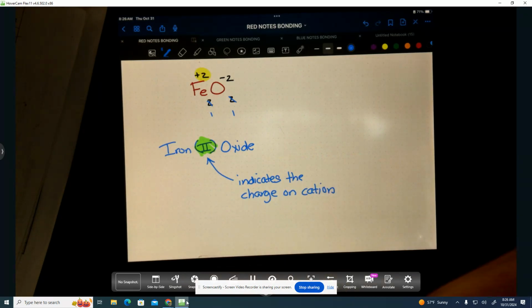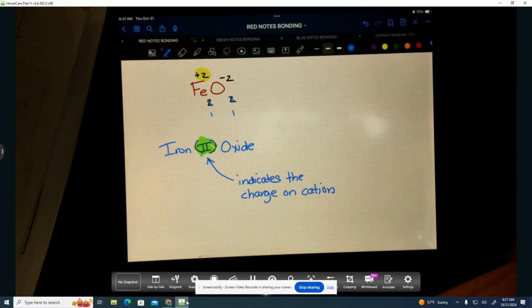Now, everything I've given you up until this point, I was very, very careful about what I gave you to name, even on the quizzes that we just did. I only gave you things from group 1, group 2, and aluminum. Because if you look at group 1, do you see how it only has one choice, +1? And group 2 only has +2s. And group 13, usually like boron and aluminum, only has +3s.